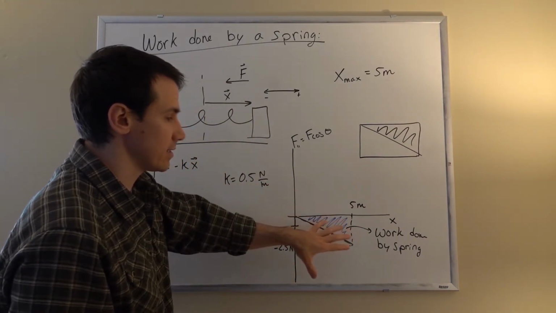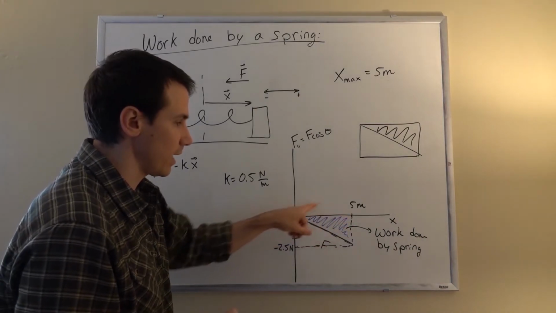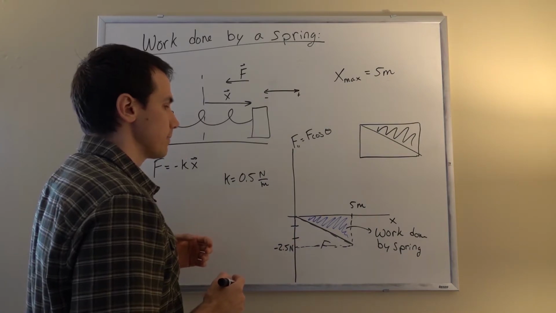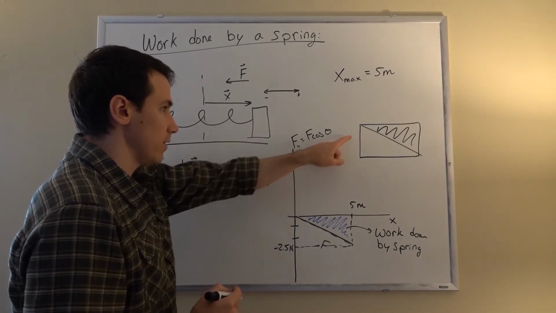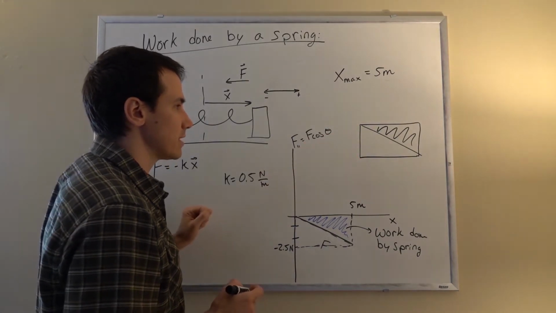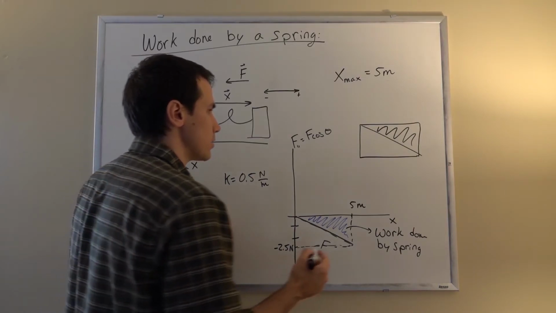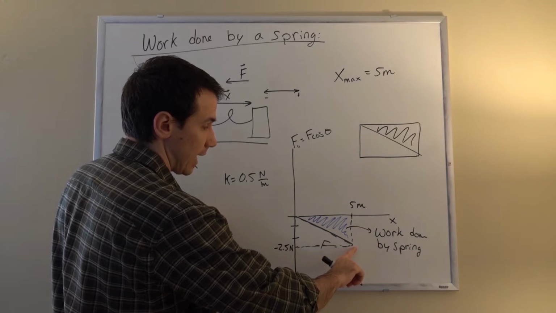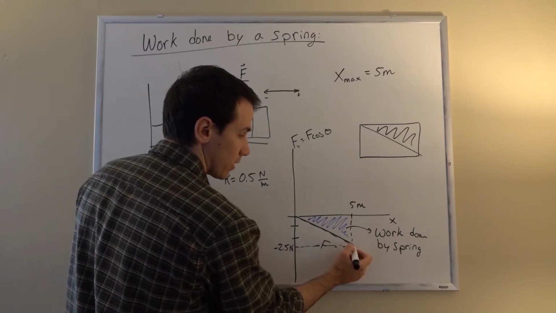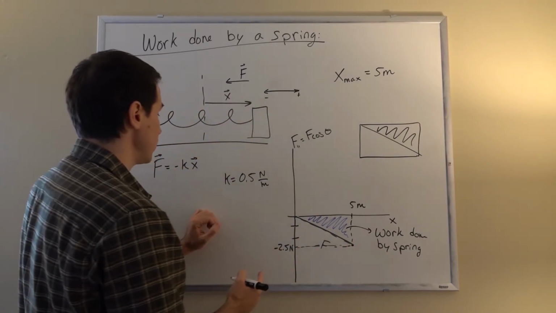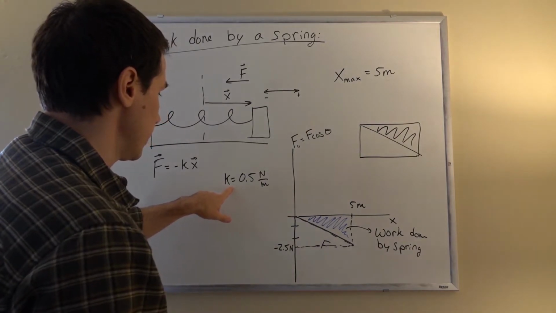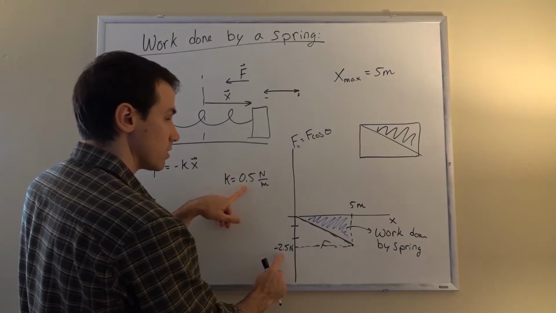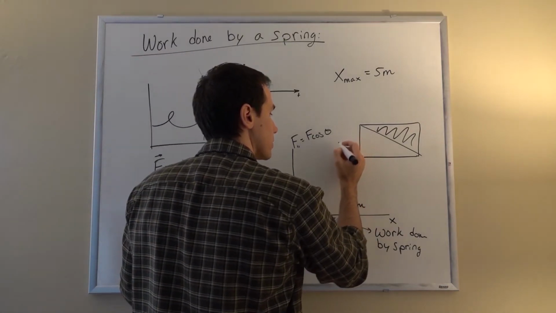We realize that this is going to be negative because we're below the x-axis, right? So the length of this side is going to be k times x, right? Because that's where this 2.5 newtons came from. I took my k and multiplied it by my full x, which is 2.5 newtons.